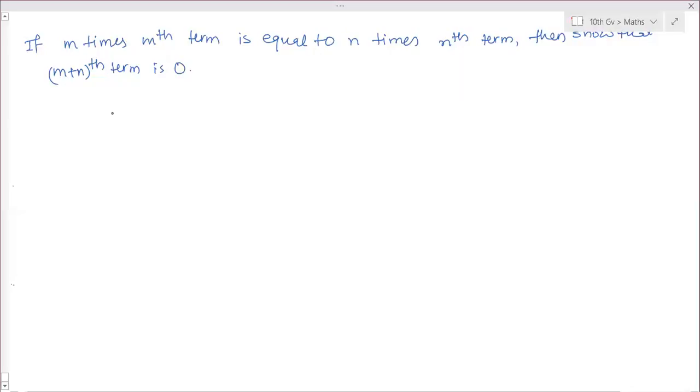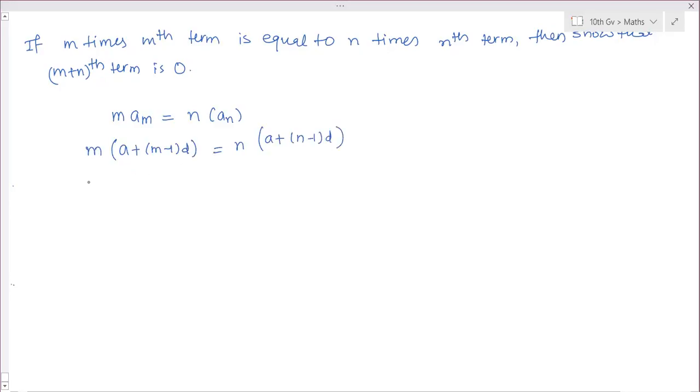Ma'am, m into whole bracket a plus m minus 1 into d is equal to n into whole bracket a plus n minus 1 into d. M times mth term, that is a plus m minus 1 into d. N times nth term, a plus n minus 1 into d.